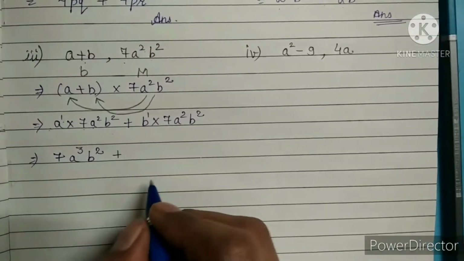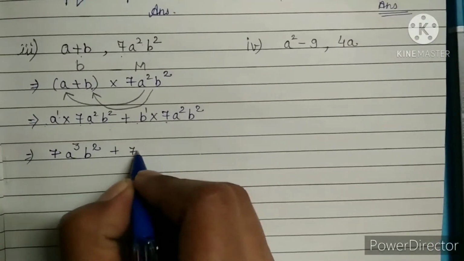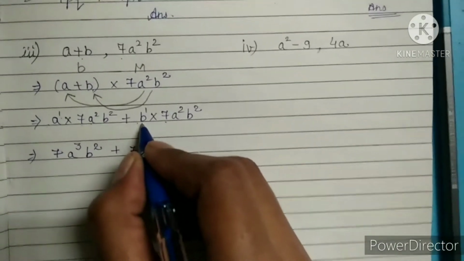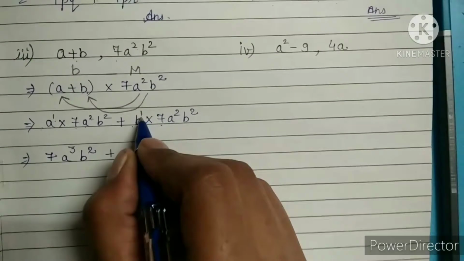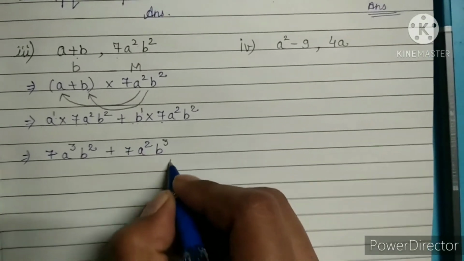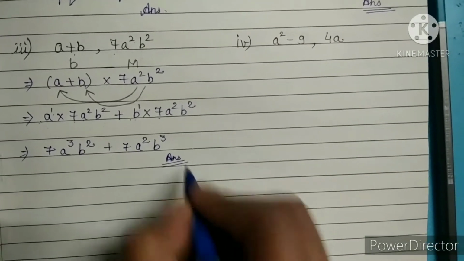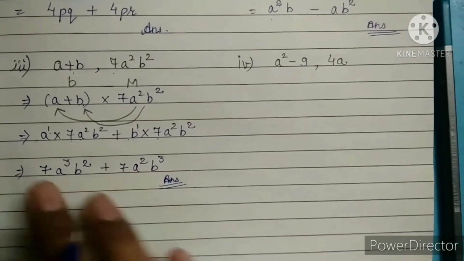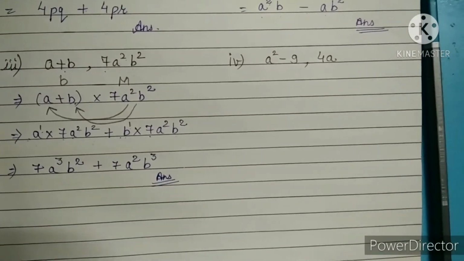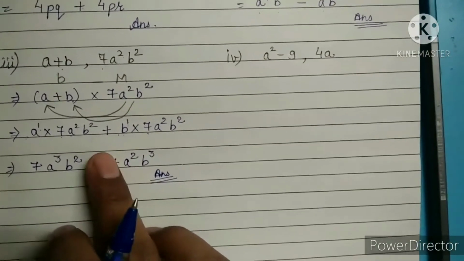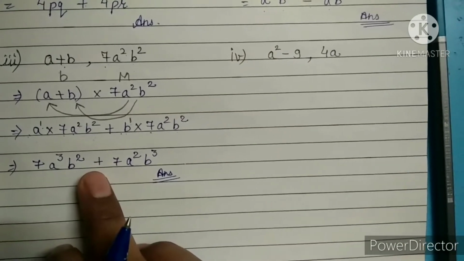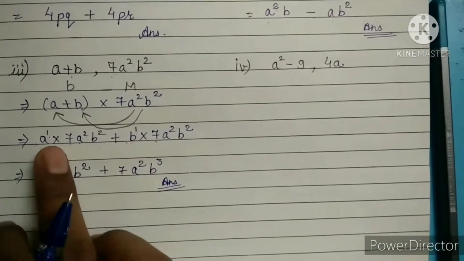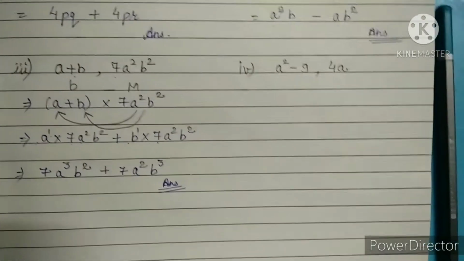Now plus 7 1 is 7, a square is power as it is, b is to power 1, b is to power 2. 1 plus 2 is 3. This is our answer. Some students are making the same mistake. They are adding powers also here. But here powers are not adding with each other because of the plus symbol. In the case of plus and minus symbol, powers will not add. Only in the case of multiplication, our powers will add.